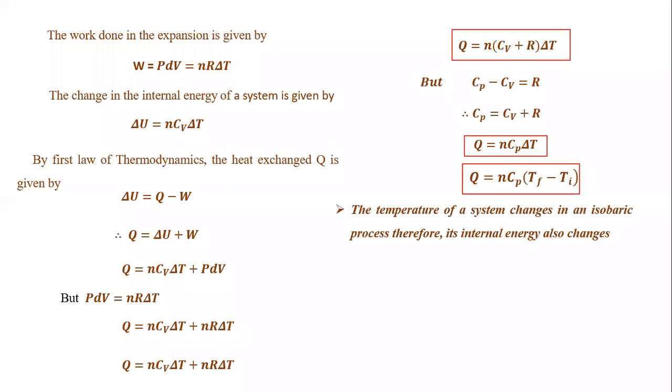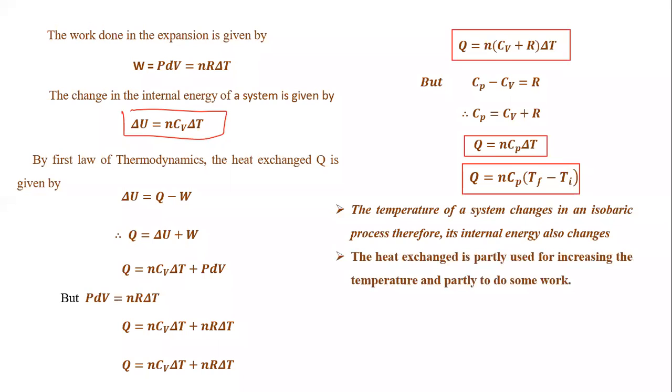The temperature of the system changes in an isobaric process. Therefore, its internal energy also changes. And the change in internal energy formula, you already know that. This is the internal energy. Second conclusion is heat exchange is partially used for increasing the temperature and partially to do the work. You can see this.